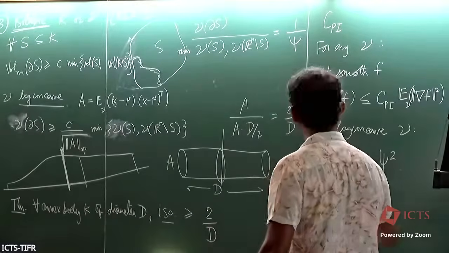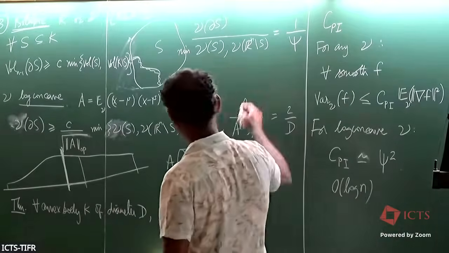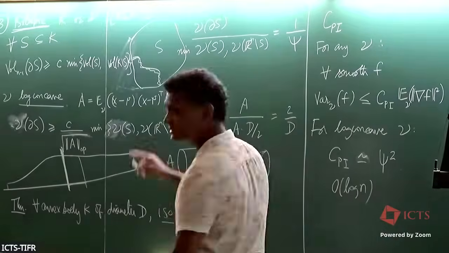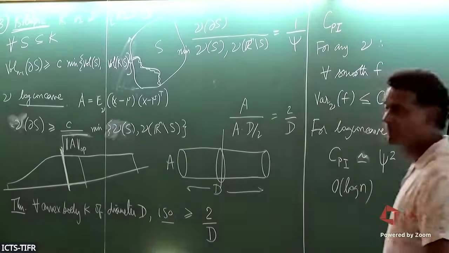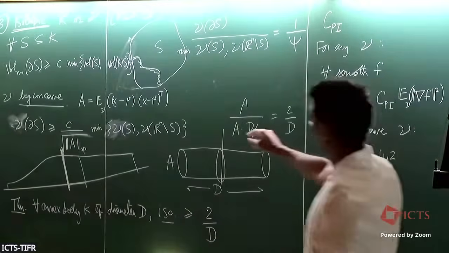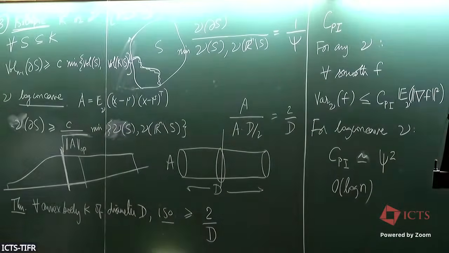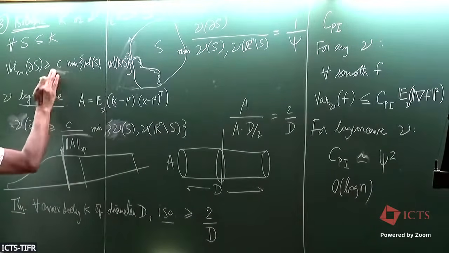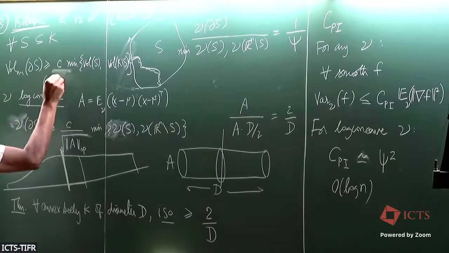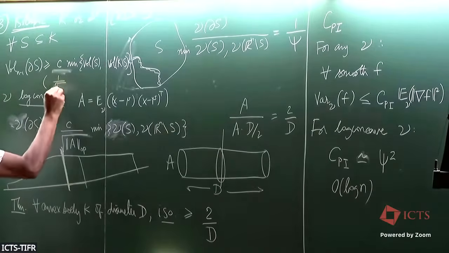And so KLS, it's root log n. And so the best known we have here is not constant, but 1 over root log n. So for an isotropic, instead of this C here, what we know is 1 over root log n.